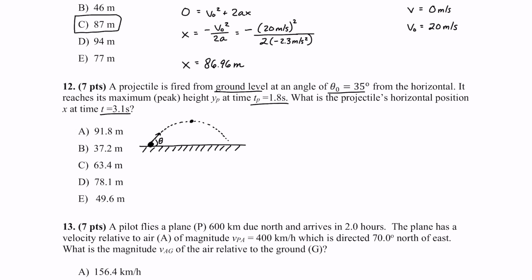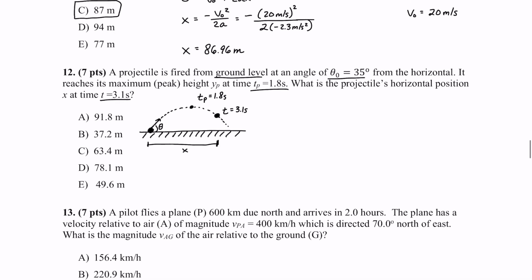We're told the time at which the object reaches its peak height, and what we want to know is how far in the horizontal direction our object has traveled after 3.1 seconds has gone by. So we want to know that distance.